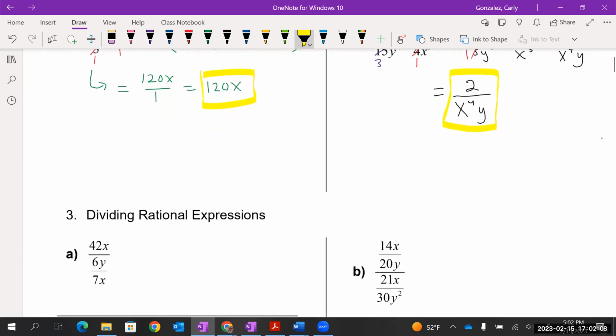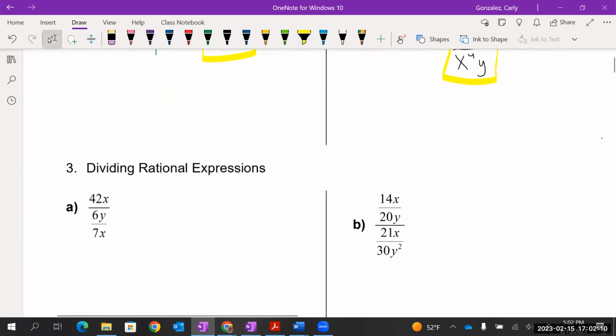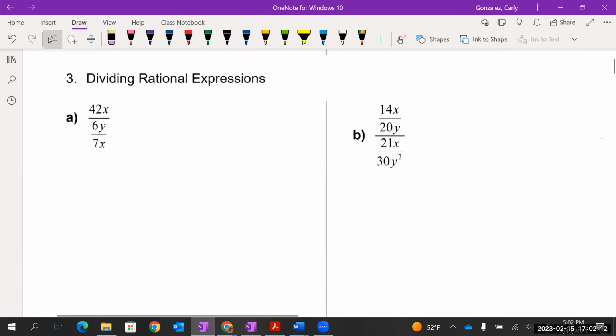Next, we will move on to dividing rational expressions. Again, let's quickly review the rules for dividing fractions. So if we have, in this case, a over b divided by c over d, the first move will be to multiply by the reciprocal of c over d. So a over b stays the same.